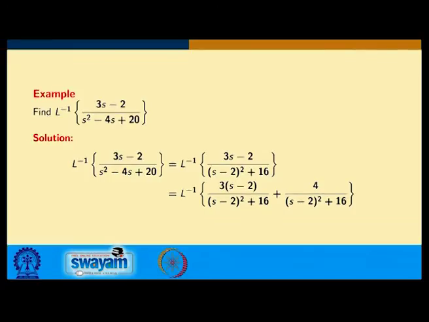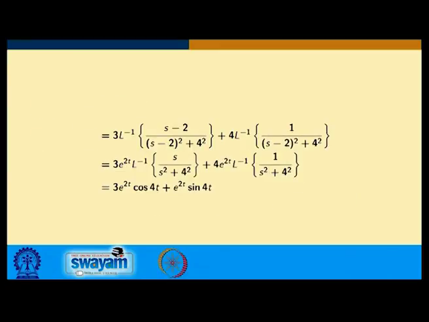Just quickly, if I see this one, Laplace inverse of this, I am breaking into these parts. This equals, again you can write down, 3 Laplace inverse of s minus 2, which equals 3 e to the power 2t into s by s squared plus 4, and 4 e to the power 2t, which I have not written there, using the property of inverse Laplace transform.